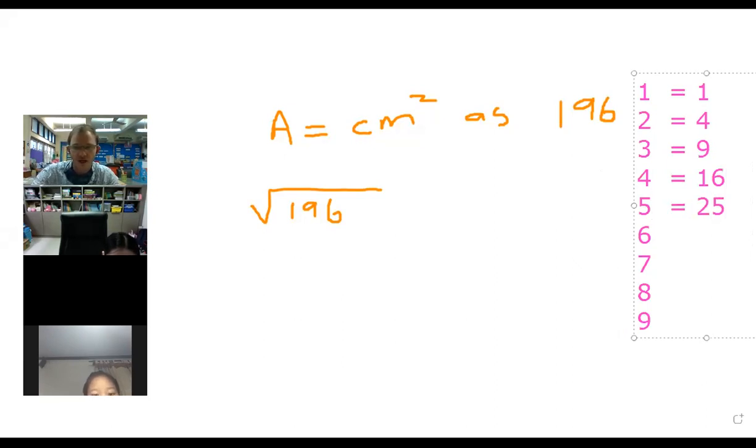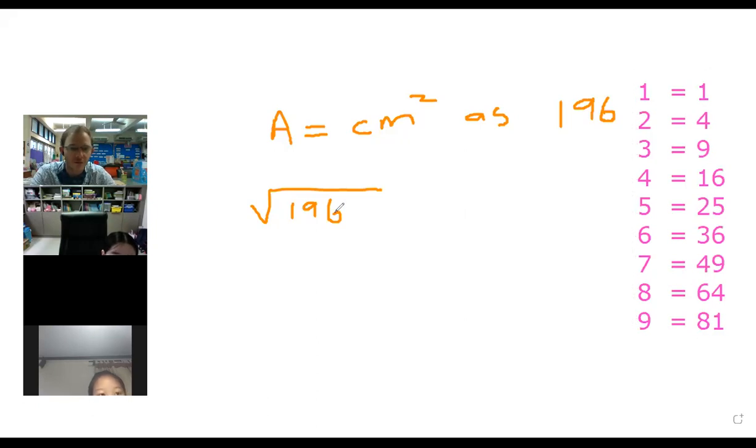So 5 squared is 25. 6 squared is 36. 7 squared is 49. 8 squared is 64. 9 squared equals 81. Okay. So where we calculate the square root of areas, we look at the last number and find the numbers that end with that number.